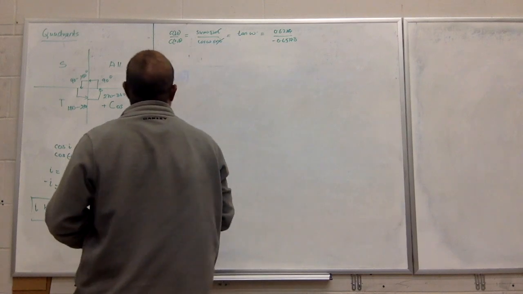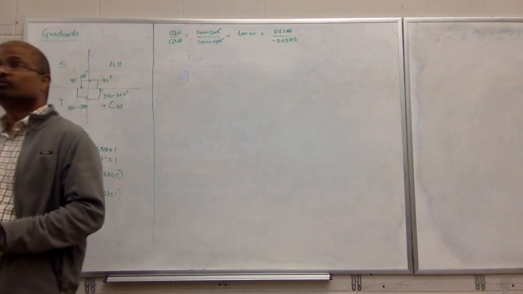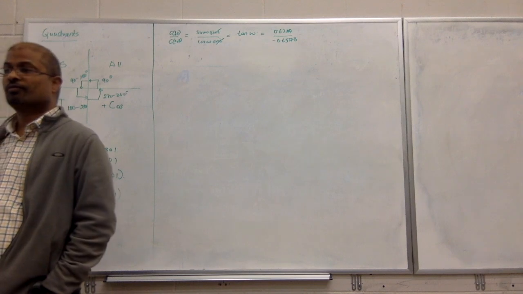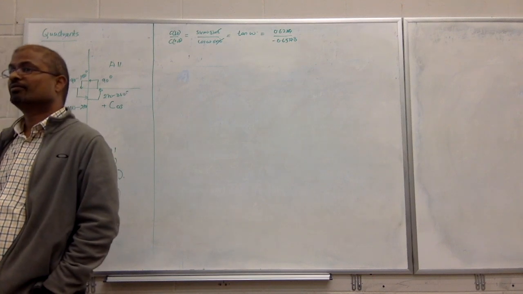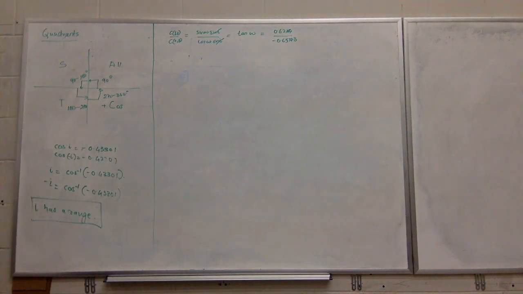Why are you choosing those cells instead of the ones you chose before? These two correspond to sine omega sine I, cosine omega sine I. Does that make sense?